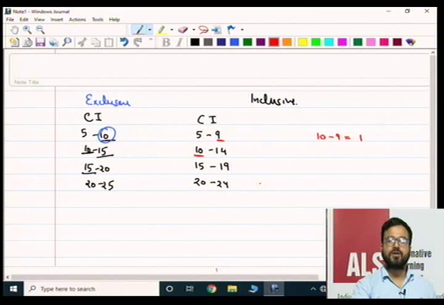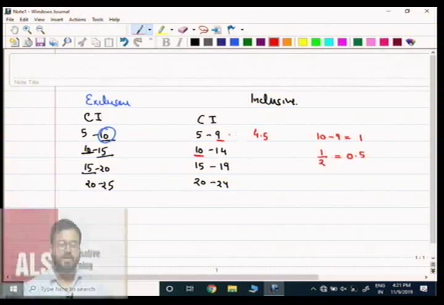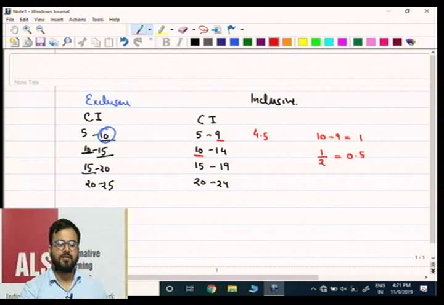So in order to make it continuous, what will we do? We will divide this difference by 2. When 1 is divided by 2, that is 0.5. From the lower limit, we will subtract 0.5. To the upper limit, we will add 0.5. When we subtract 0.5 from 5, it becomes 4.5, and adding 0.5 to 9 becomes 9.5.